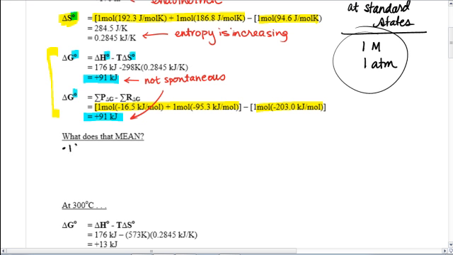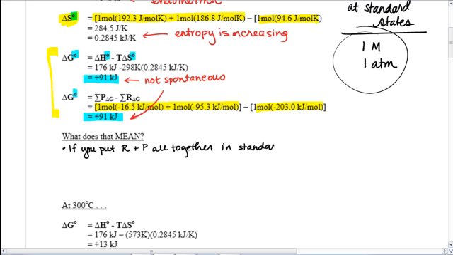First is, if you put, I'm going to put R and P, reactants and products, all together in standard states.